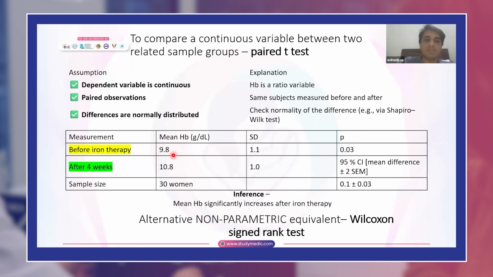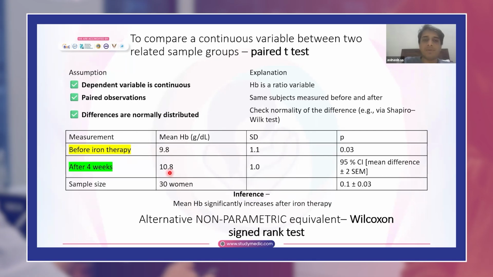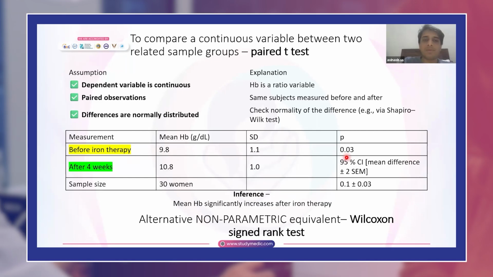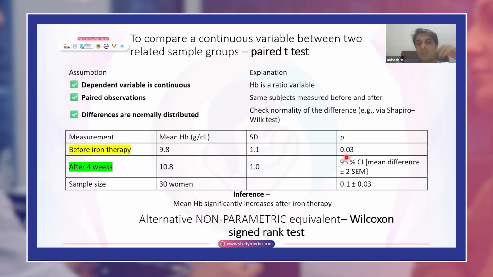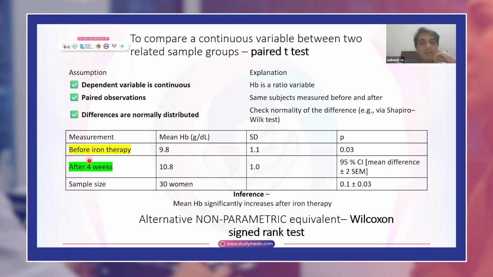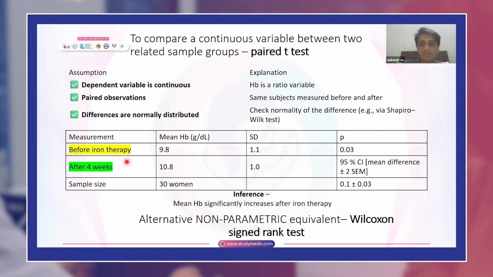After iron supplementation, it increases to 10.8 gram percentage. So the p-value is less than 0.05. We can clearly infer that mean hemoglobin significantly increases. The groups in which this is estimated are the same groups. That means they are paired groups. They are related groups. They are not independent.